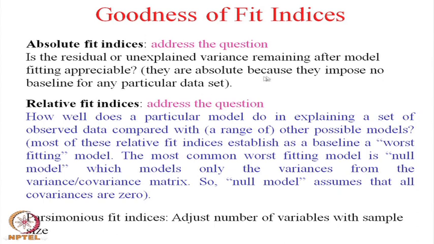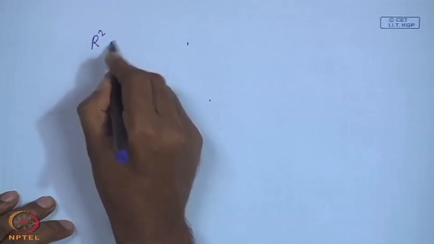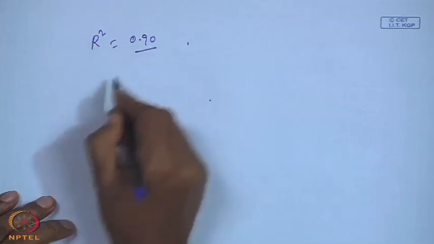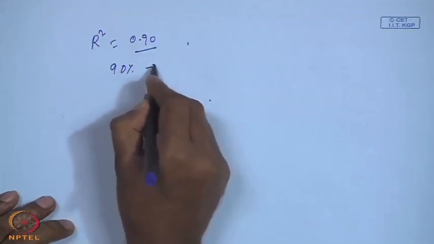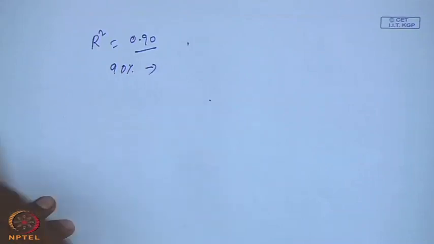They are absolute because they impose no baseline for any particular data set, similar to R square. If R square is 0.90, it says 90% of the variance of y is explained by the model. Here also we are basically talking about the same thing.